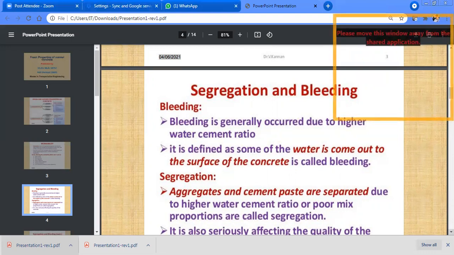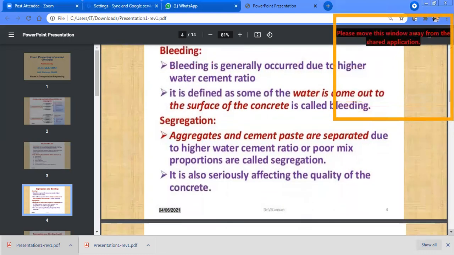Then comes segregation. These are the most important topics we are going to discuss. Segregation is when the aggregate and cement paste are separated due to a high water-cement ratio or poor mix proportion. When pouring the concrete, we have to take care of the height of the concrete.